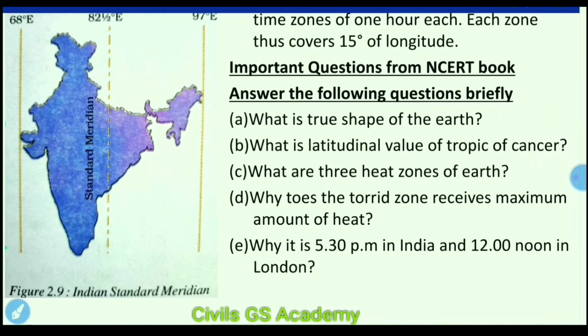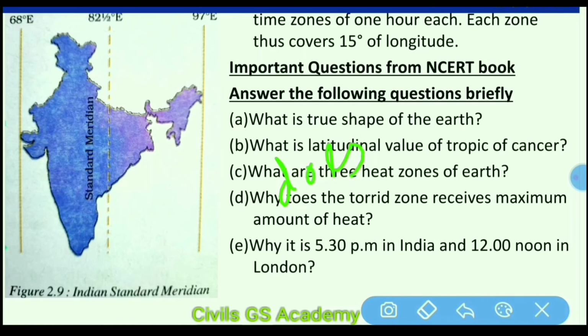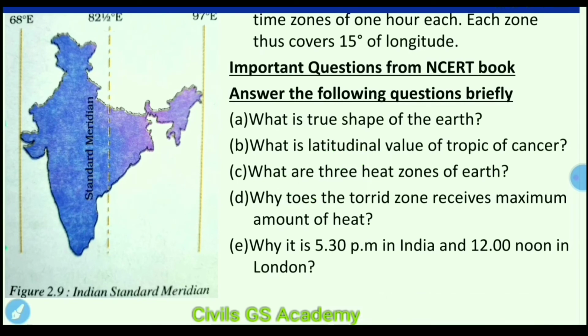What are the 3 heat zones of Earth? You tell me the answer, because I have discussed it. Why does the torrid zone receive maximum amount of heat? I have told you earlier. Can you tell me?